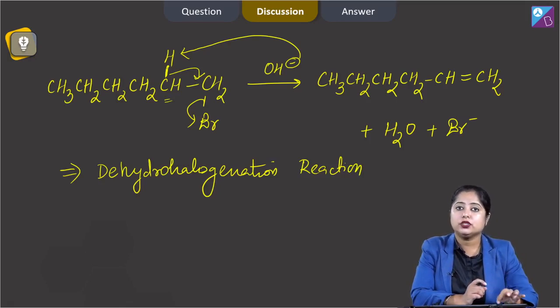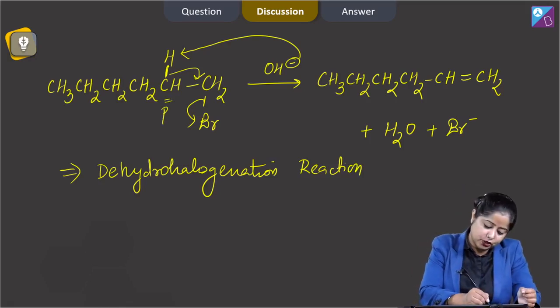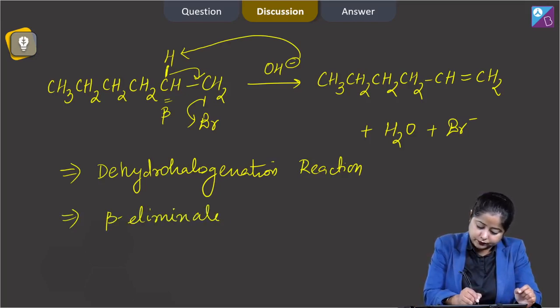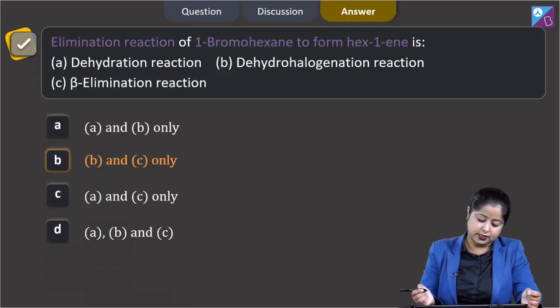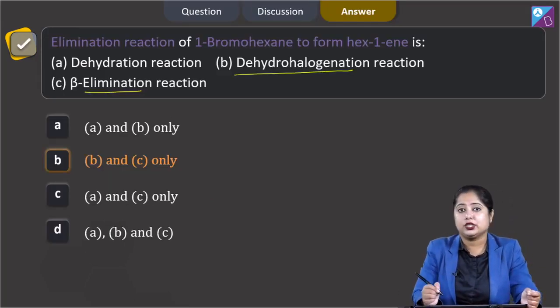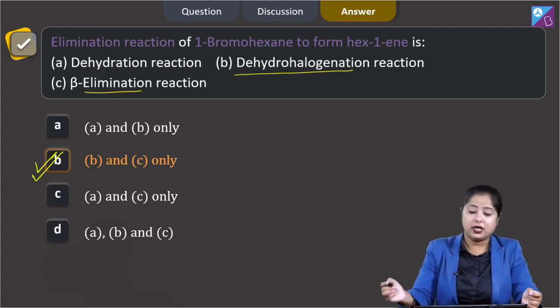That means hydrogen is removed from the beta position. So we call this reaction beta elimination. That means the correct answer is dehydrohalogenation and beta elimination. That means the correct answer is B and C.